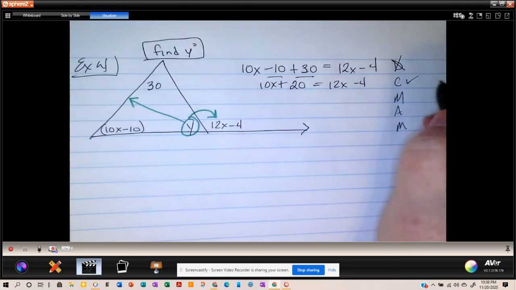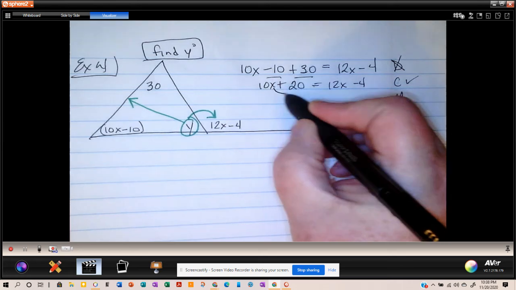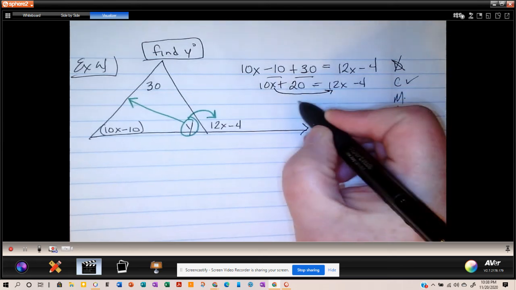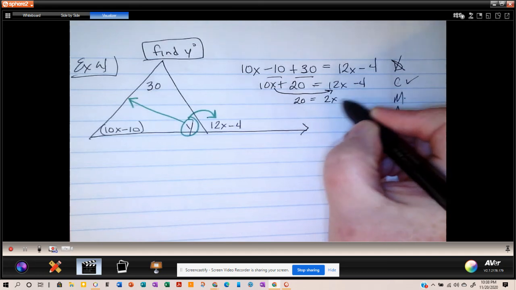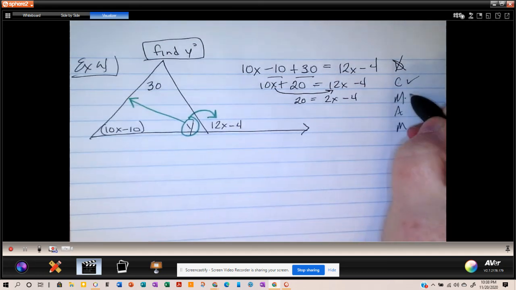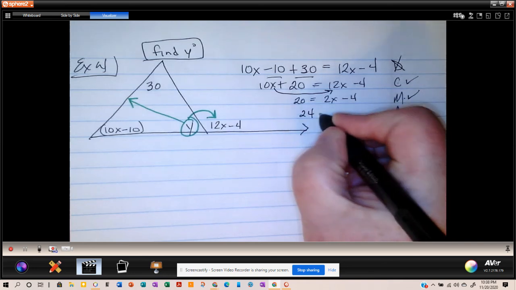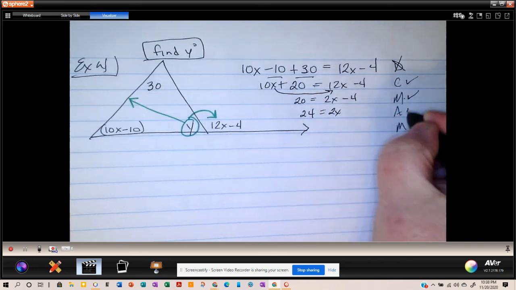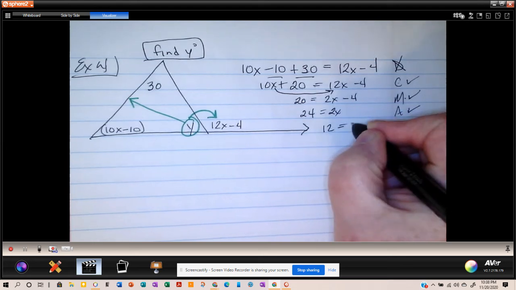I did my combine. Do I need to move a variable? Yes. I'm going to move the 10x over here. So I have 20 equal to 2x minus 4. So I moved a variable. I'm going to add and subtract. Add 4, so that's 24 equal to 2x. Then I'm going to multiply, divide. So 12 is equal to x.